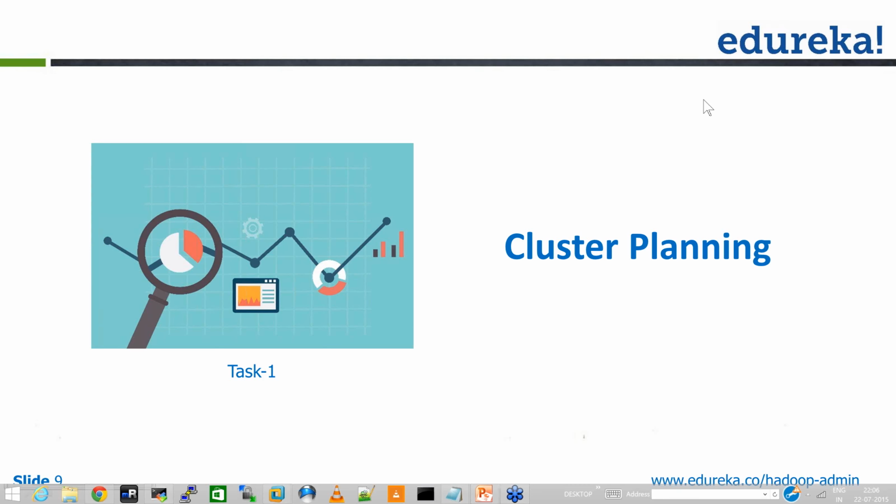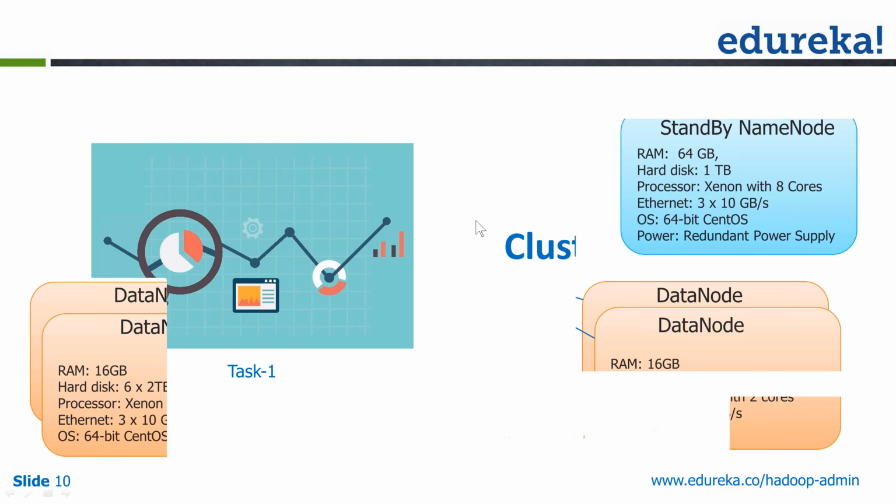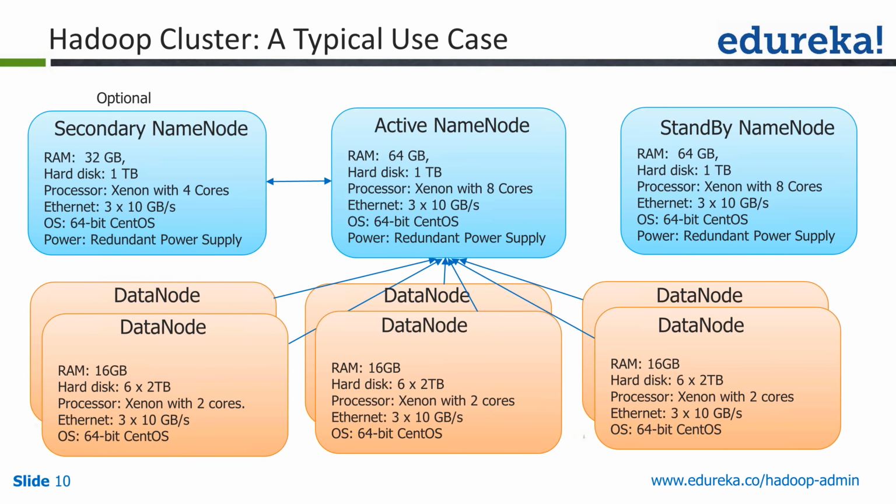So let's talk about the first activity, how to plan the Hadoop cluster. Here I'm taking just a very small part of Hadoop, and we'll talk about planning that only. As you can see on the screen, this is a 6-node cluster. How are you planning the RAM, hard disk, operating system, power supplies, and Ethernet cards?